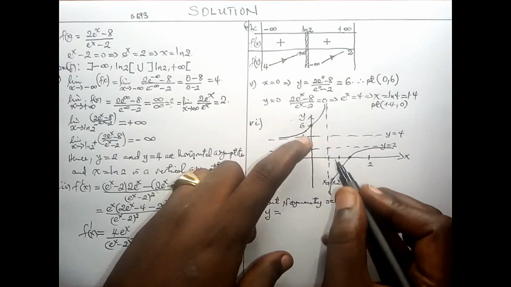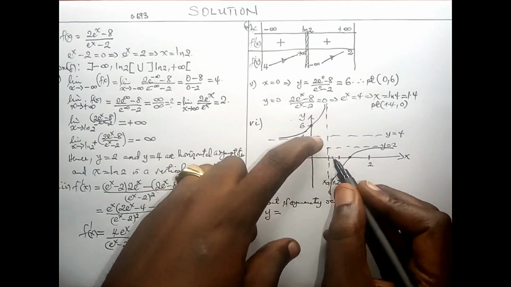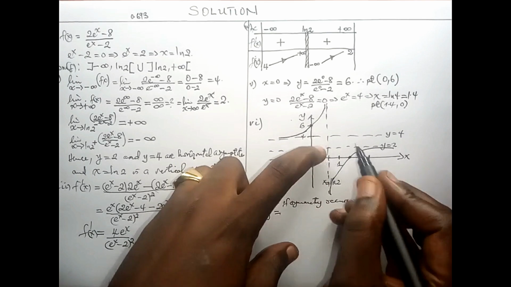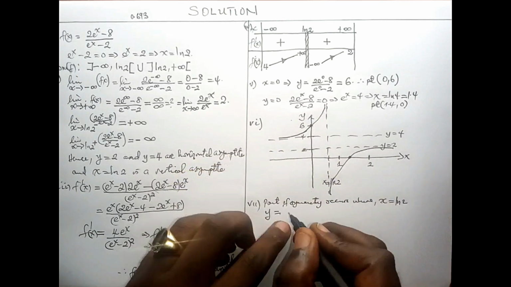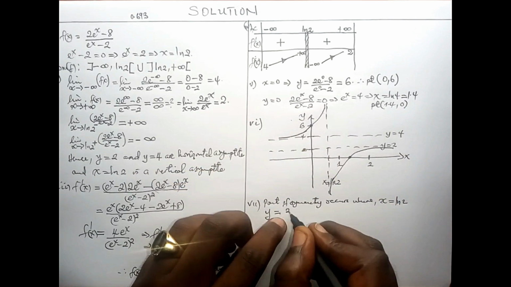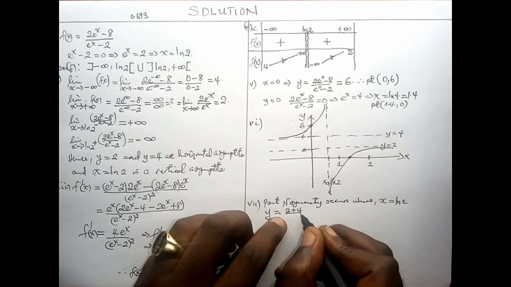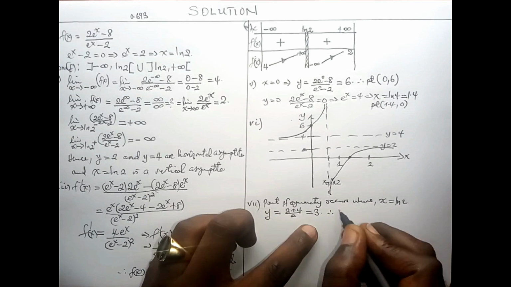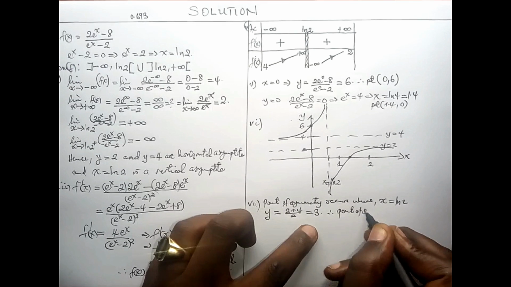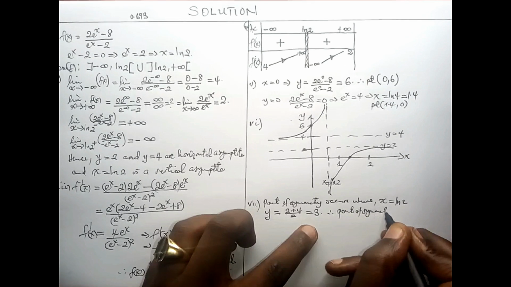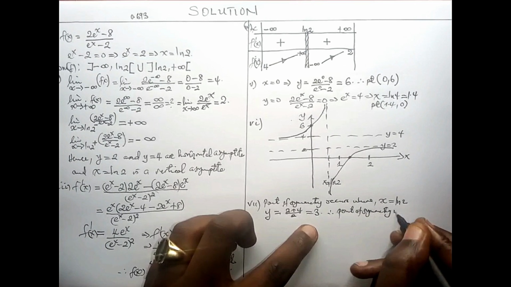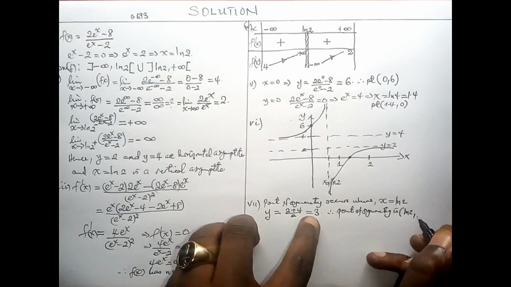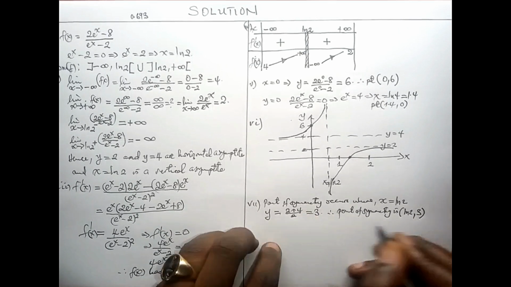Since there are 2 of them, the y-coordinate is their average, because the point lies midway between those 2 horizontal asymptotes. So the y would be 2 plus 4 all over 2, which gives 3. Therefore, the point of symmetry is the x, which is ln 2, and the y, which is 3, as required.